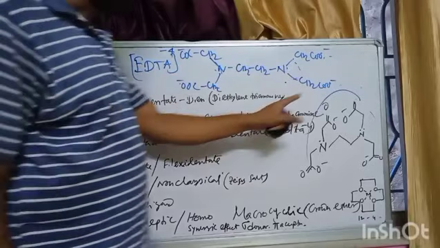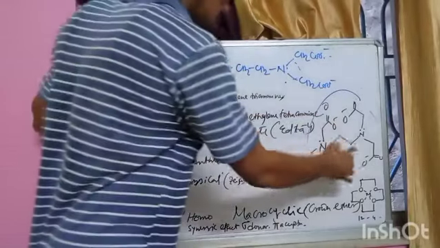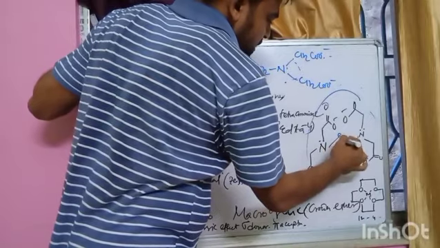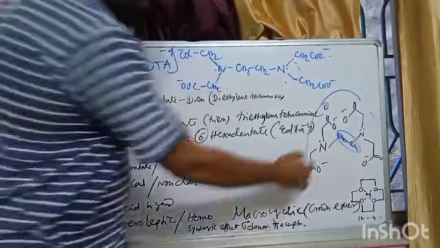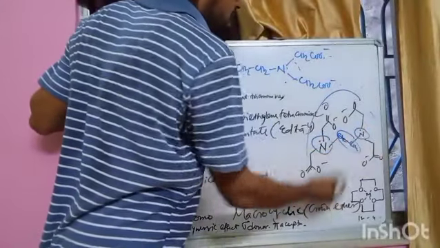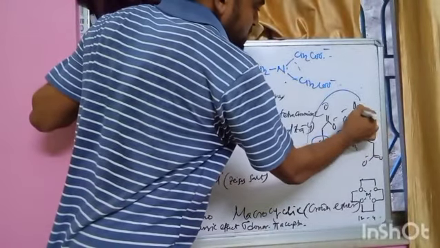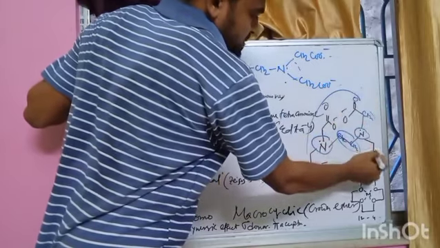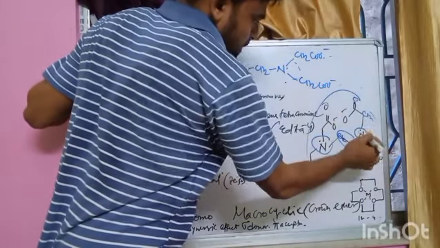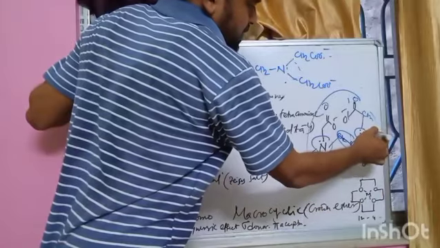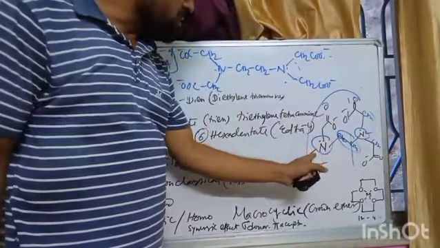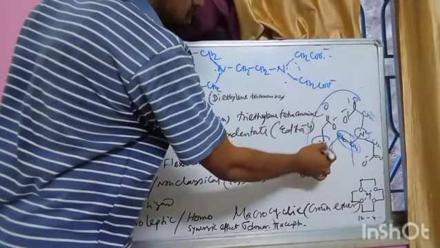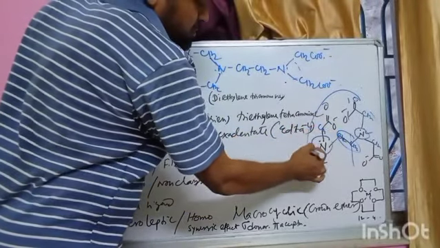The general structure of EDTA has the ethylene group, or diamine, meaning 2 nitrogen donor centers. Here also CH2COO minus, CH2COO minus; that nitrogen has 2 CH2COO minus groups, and the other nitrogen also has 2.